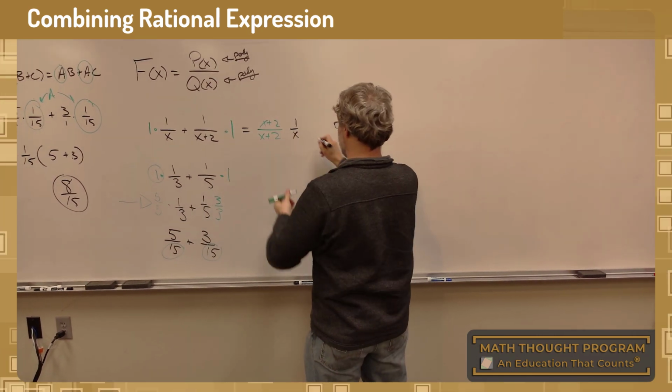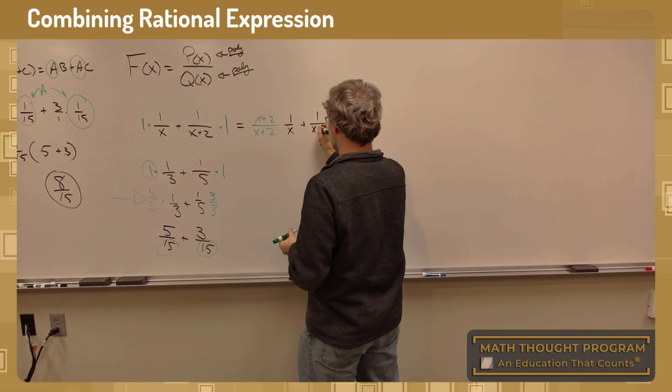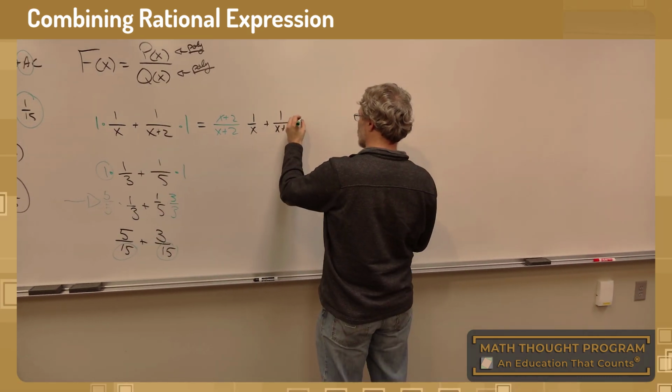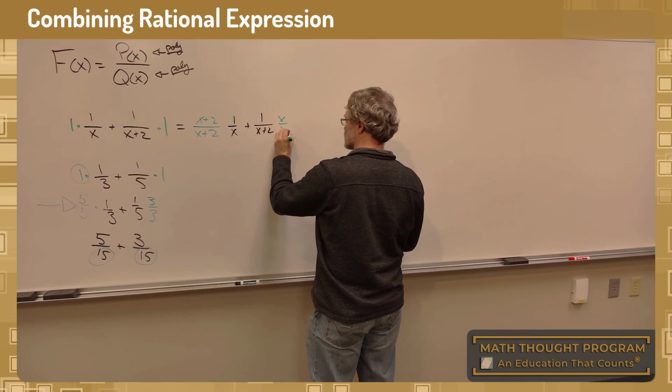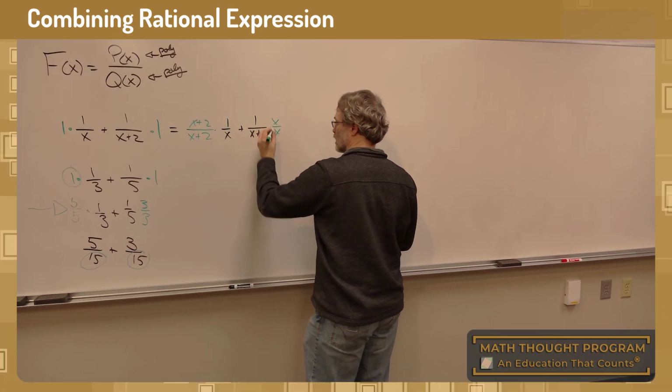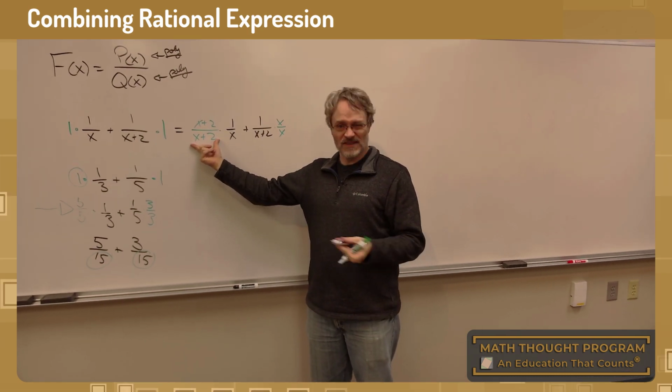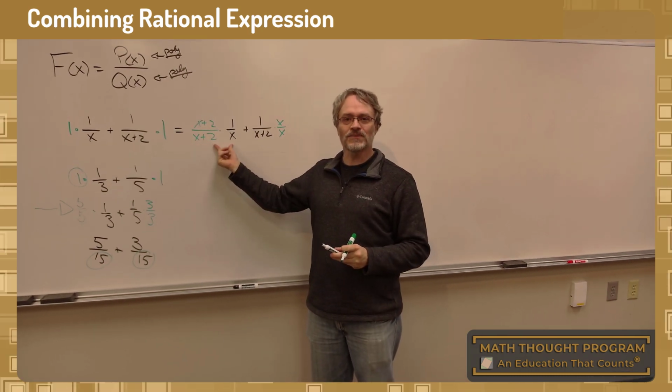And for this one, what I want to do is also take that and recalibrate it. I'm going to write it in terms of x over x. And if you notice, I have a fraction, this rational function, times this one.